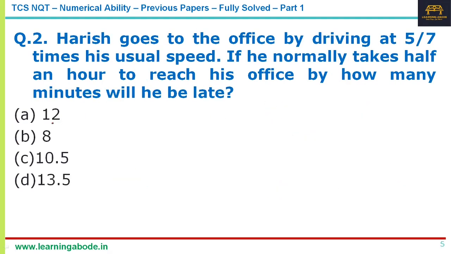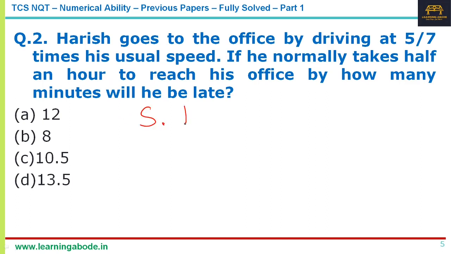Now question number 2, it's a time, speed and distance question. Harish goes to the office by driving at 5 by 7 times of his usual speed. If he normally takes half an hour to reach the office, how many minutes will he be late? The basic idea is distance is constant.